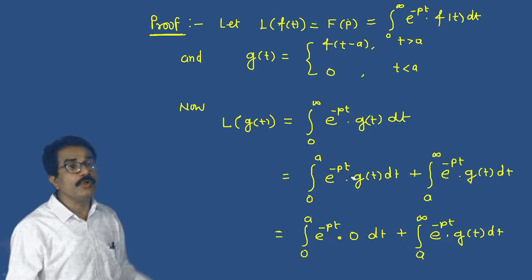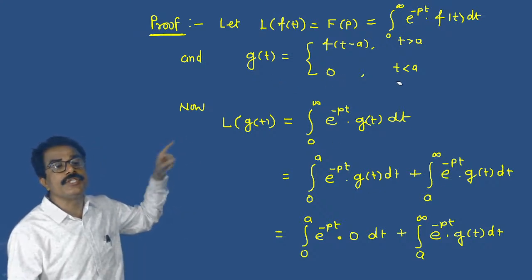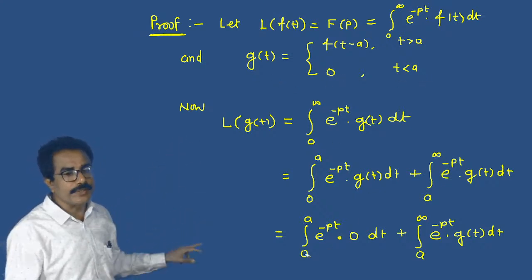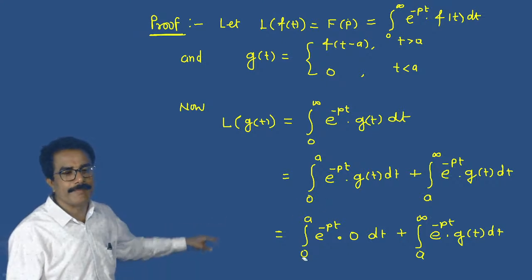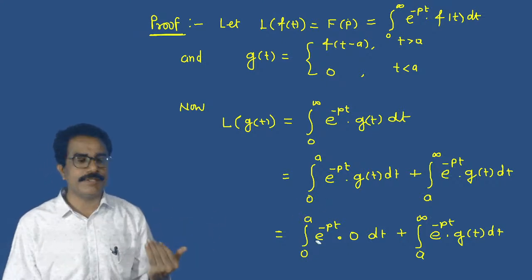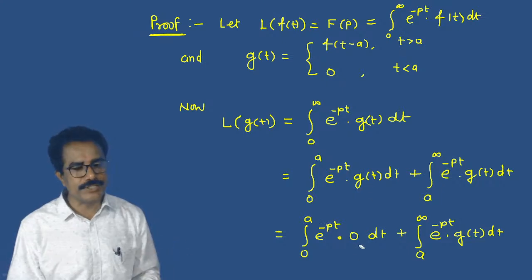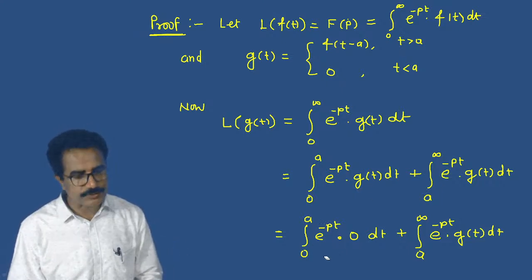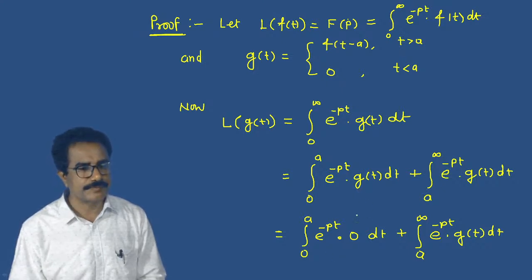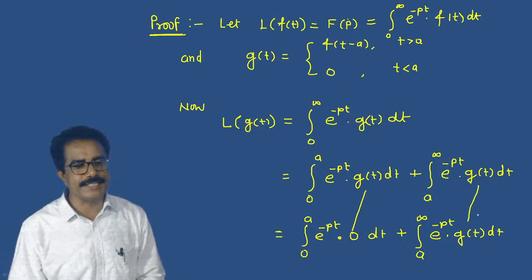Now you know that the value of g of t is 0 if t is less than a. So for the integral from 0 to a, in between 0 to a, g of t is 0, so in this case the value is 0. In the other part we can write g of t as it is.